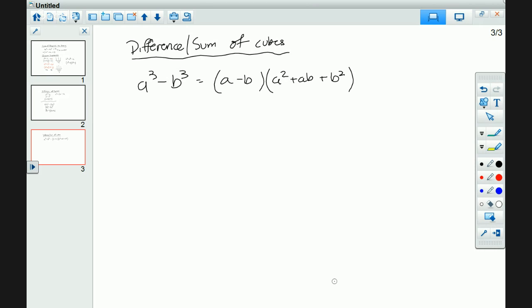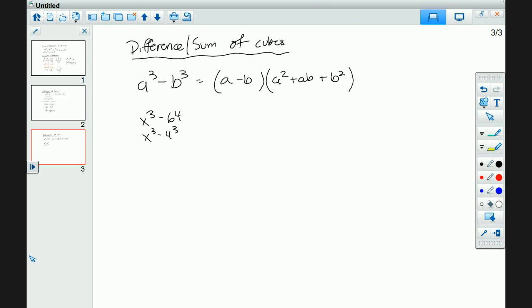Notice these signs match. So maybe I give you something like that. What is B? You need to rewrite it.